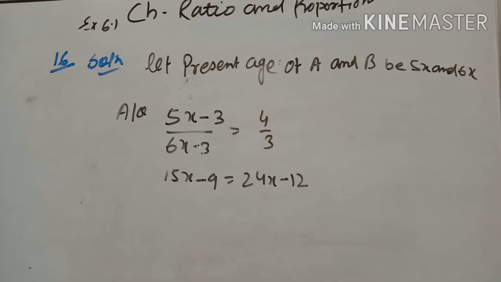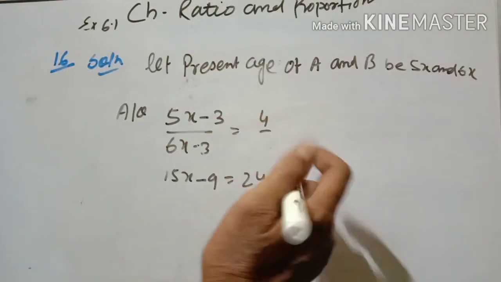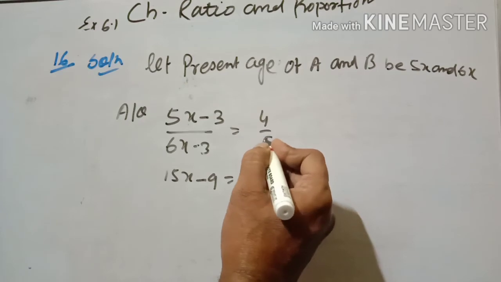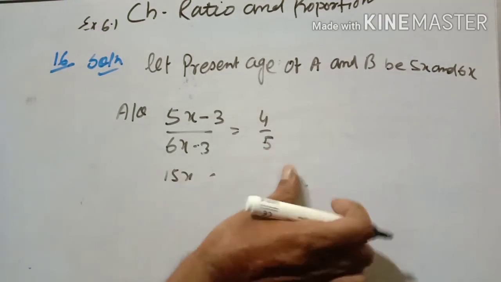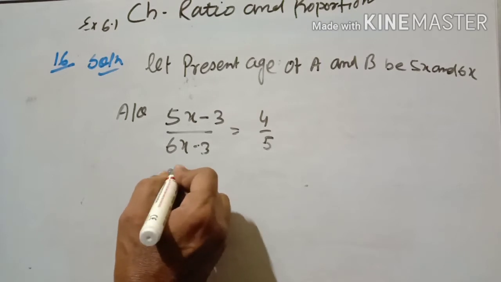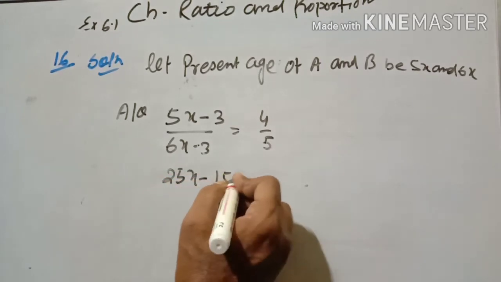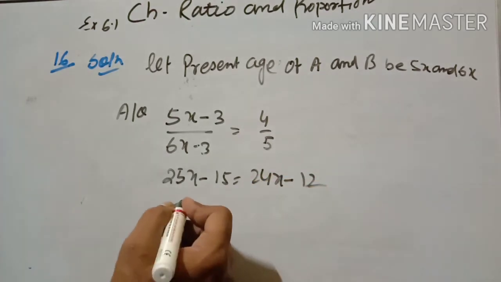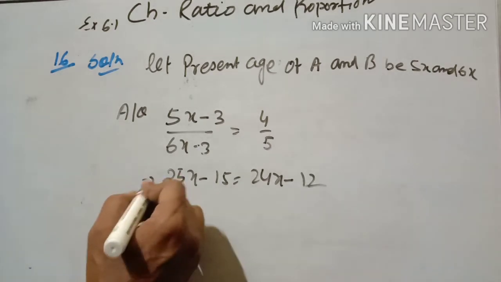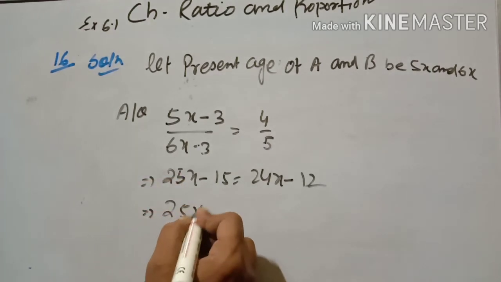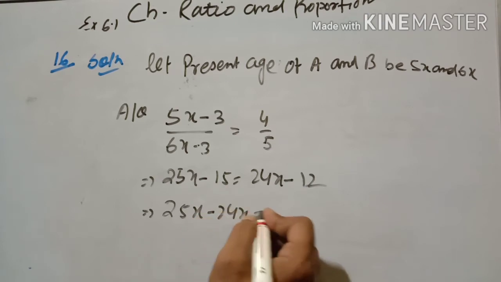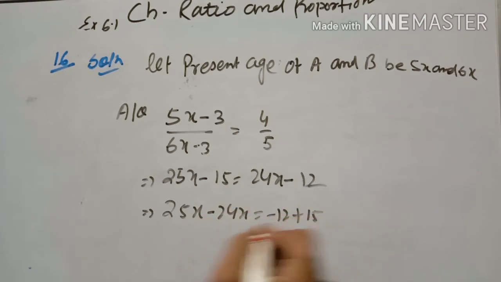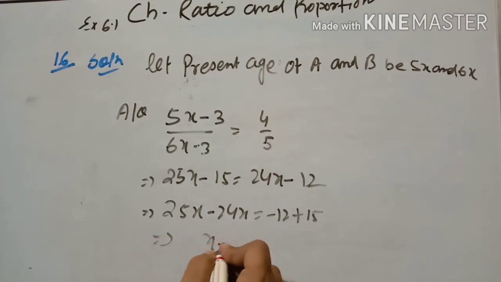Not 4 by 3, it is 4 by 5. Please change this part. So 25x minus 15 equal to 24x minus 12. This implies 25x minus 24x equal to minus 12 plus 15. So x equal to 3.